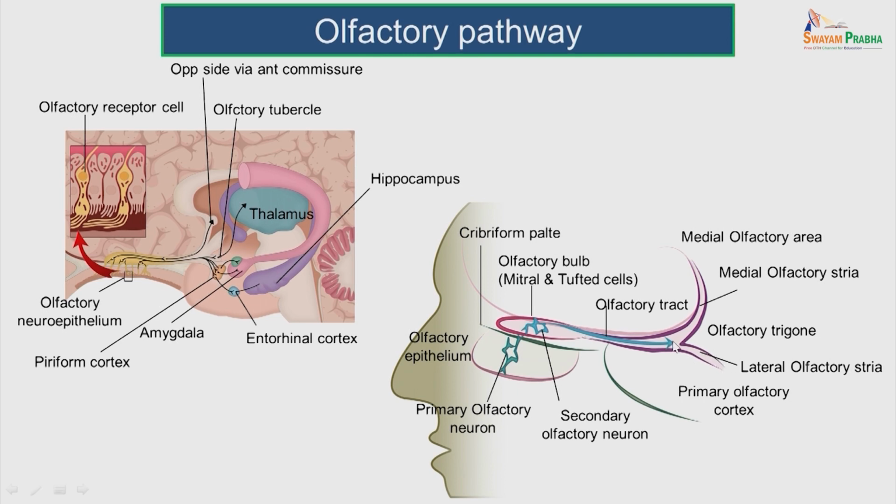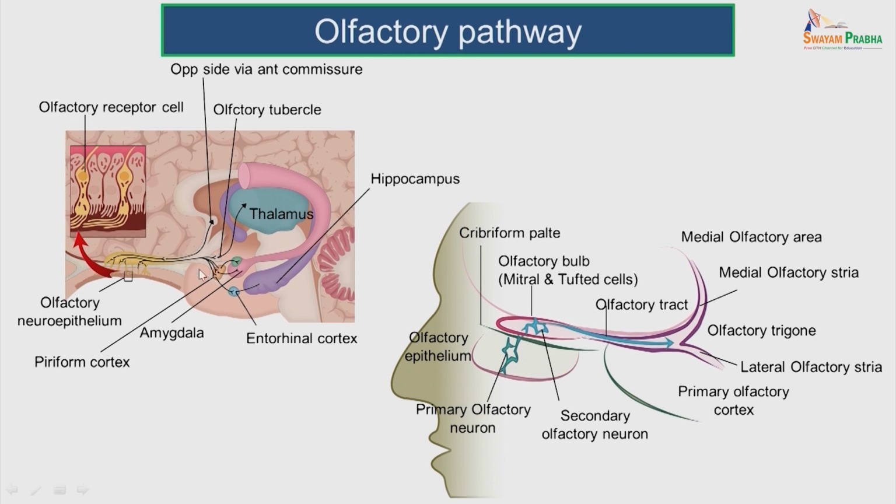The medial olfactory stria goes medial to the anterior perforated substance and relays in the medial olfactory area, that is the pyriform lobe. Whereas the lateral olfactory stria goes lateral to the anterior perforated substance and relays in the primary olfactory cortex.